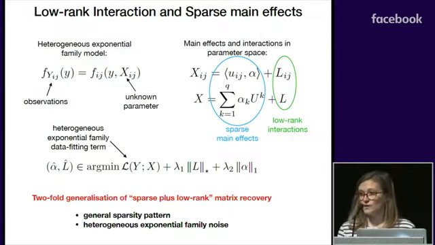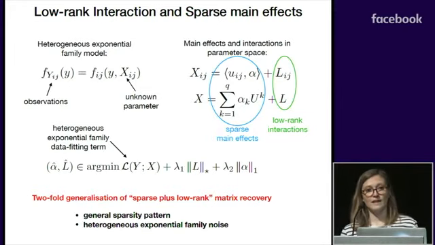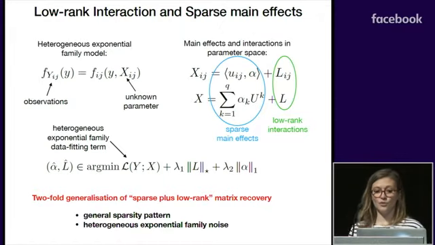To do that, we introduce a general parametric model where every entry in the data frame Y follows an exponential family distribution, which is parameterized by an unknown parameter x_ij.